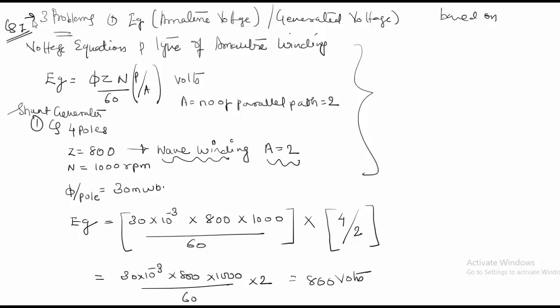So now there is the same question, everything is the same for it, but the 800 conductors, the question 2 is again for a shunt generator. Everything is the same as question 1, but the 800 Z is equal to 800 is in a lap winding now.